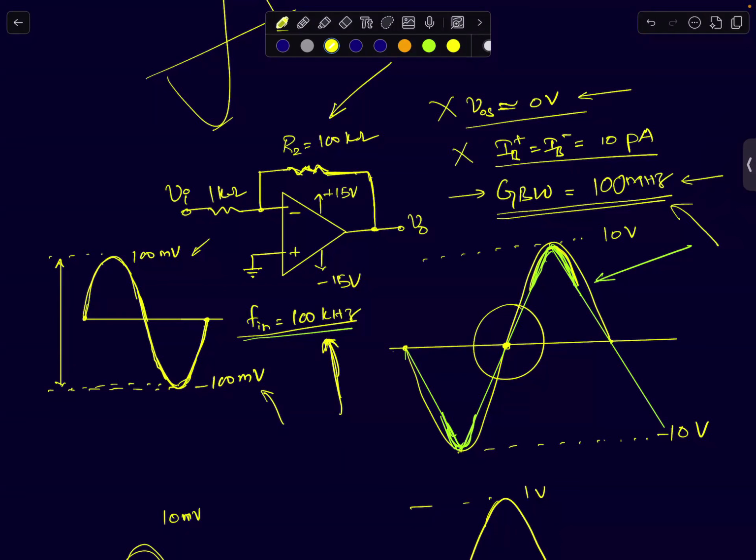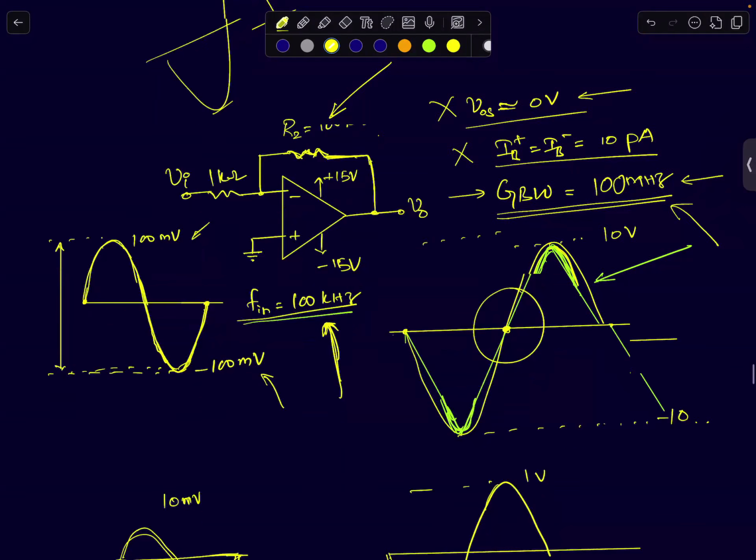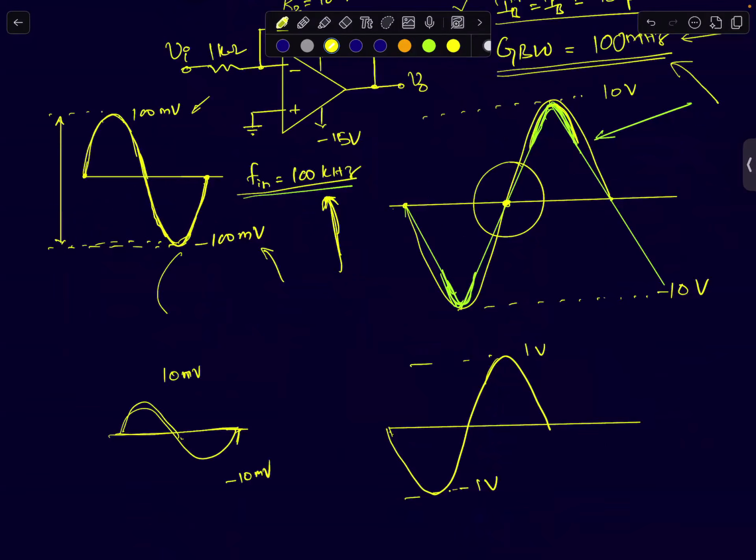Okay. So then what he does is that he reduces the amplitude from 100 to 10 millivolts, and he observes a perfect sinusoidal output. Now, if you take the Fourier transform of this green colored 10 volt waveform, you will find a lot of harmonics, because it's a triangular waveform.